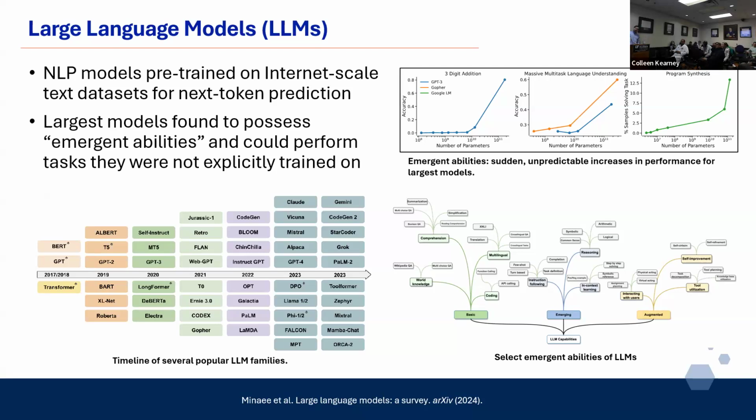These are called emergent abilities. The term sounds maybe scary, but researchers noticed that when the models get large enough, suddenly you have this spike in abilities to perform different tasks they weren't explicitly trained on, like adding numbers, writing code, things like that. I think people are still trying to understand this phenomenon. It's an ongoing topic of research, but the models themselves are just trained to predict the next word in a sentence.